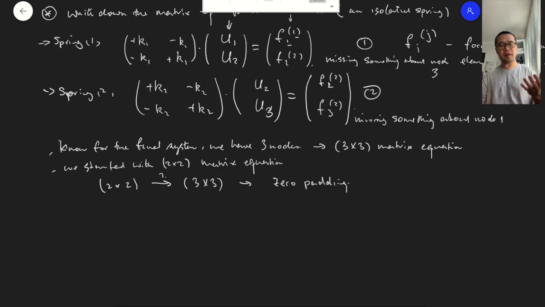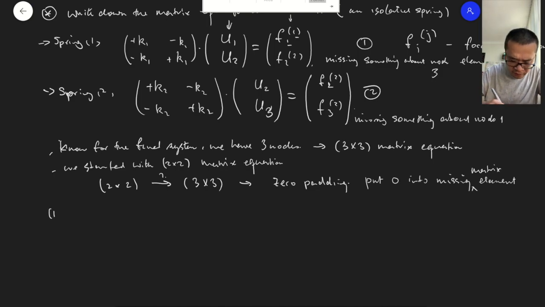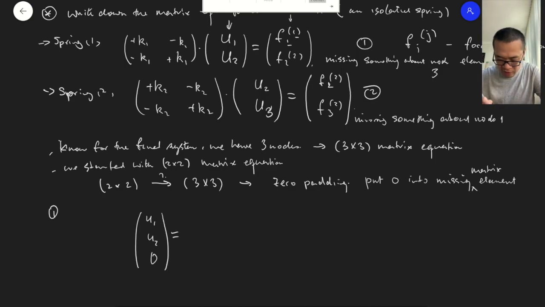That means we basically put 0 into the missing elements. If you look at equation 1, what we want is U1, U2, where U3 in this case is 0. We'll put 0 there, equal to F1 of 1, F2 of 2.